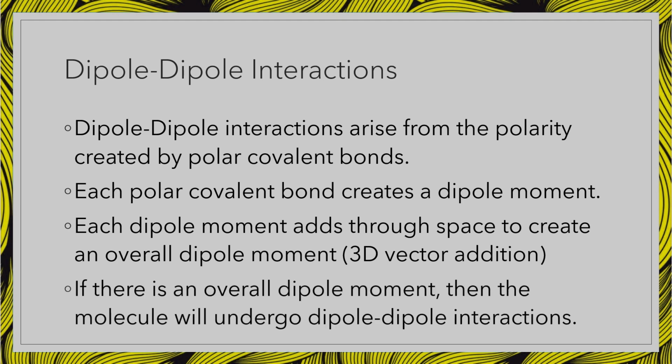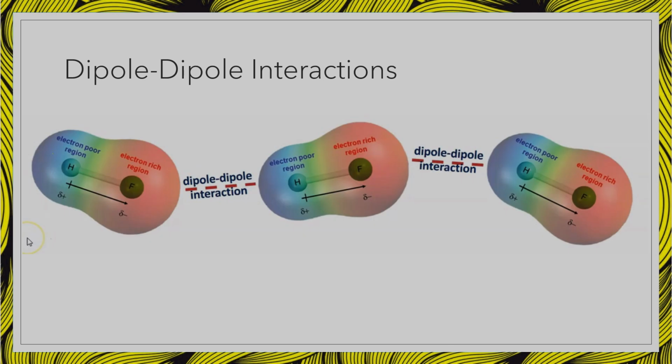Now, when there's an overall dipole moment, the molecule will undergo dipole-dipole interactions. This is what it looks like. Here we've got an example of hydrogen fluoride, so just hydrofluoric acid. Fluorine is very electronegative. And so with that hydrogen-fluorine bond, the electrons spend much more time around the fluorine than they do around the hydrogen.